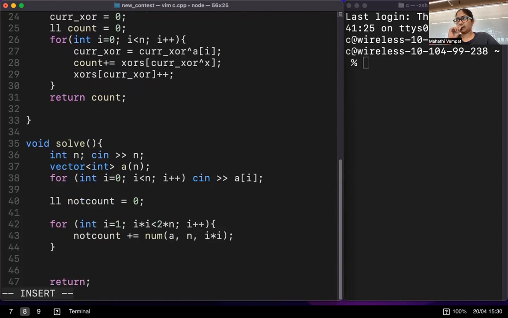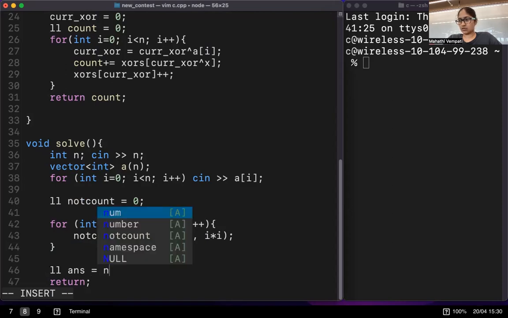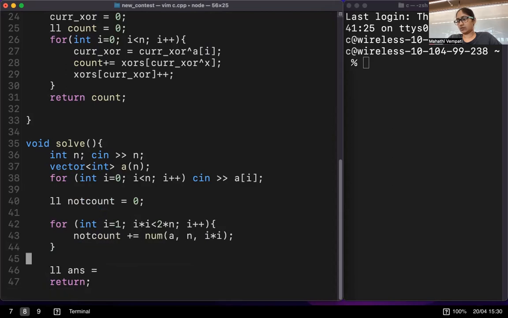I think it's n into n plus 1 by 2, right? Including the out is equal to n. Oh, n is an integer. That's annoying.